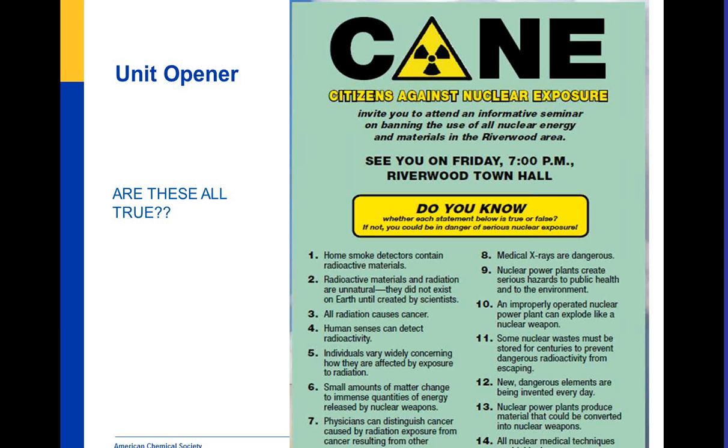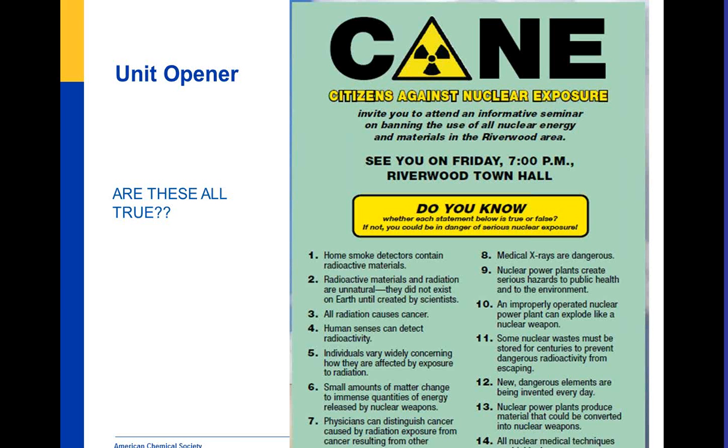This is presented to the students, so they're given these 14 different facts, or so-called facts, that CANE is proposing to the town. And they're going to work through this unit, and at the end of the unit, they're going to have a town hall to discuss whether this should go through, which is what the flyer is talking about.